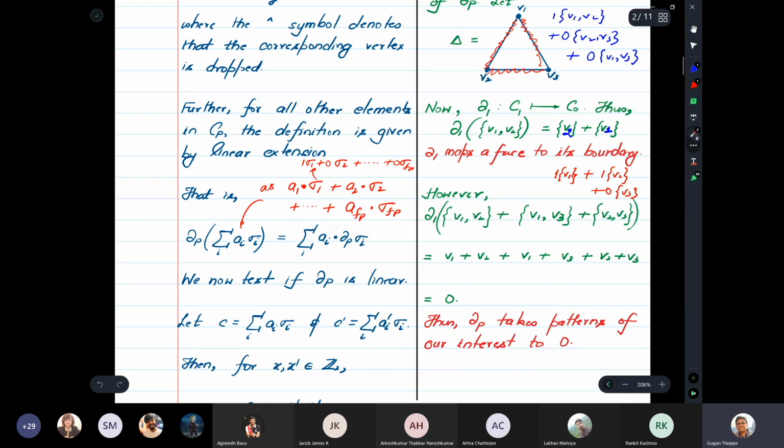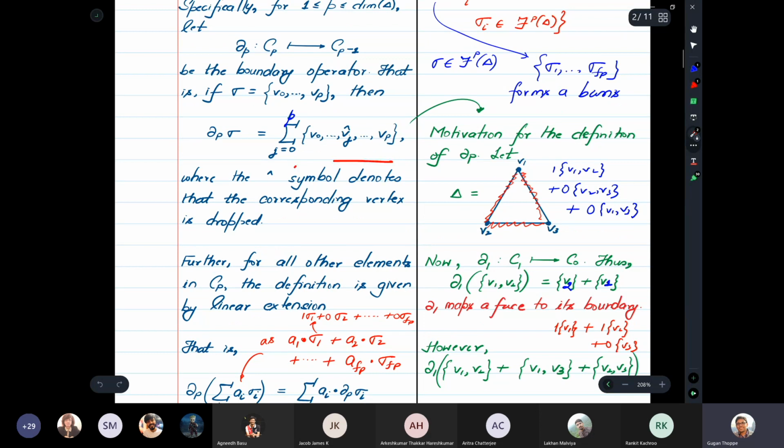Here patterns means interesting p chains, and interesting means that these p chains enclose a p plus one dimensional hole. So this operator takes such interesting p chains to 0. Is this okay? That's the reason we are defining this DABA P operator in this sense, and you will slowly start to appreciate why it is defined the way it is defined over here. Is this okay?